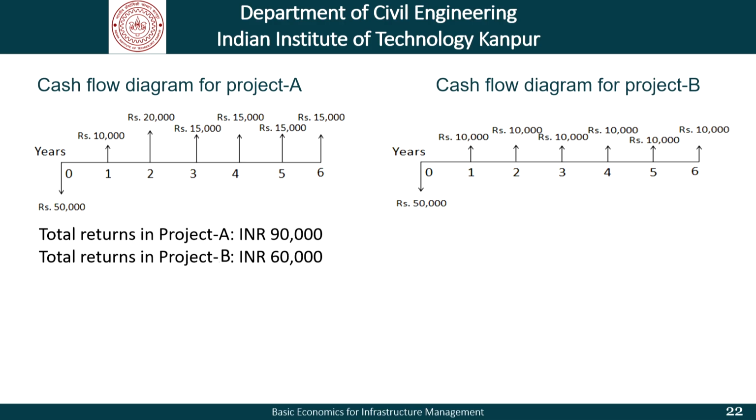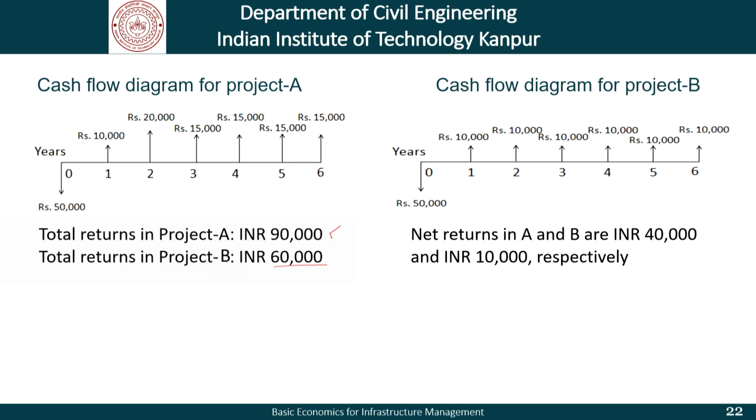We already know that this is what the cash flow diagram will be in project A and project B. So, if we look at the total returns for project A, we find that it is 10, 20, 15, 15, 15 and 15, and the number is 90,000. For project B, the number is 60,000, 10,000 for 6 years. In this case, for simplicity, I have kept the duration for both these options to be 6 years. Now, with this input, we know that the net returns on A and B are 40,000 and 10,000 respectively.